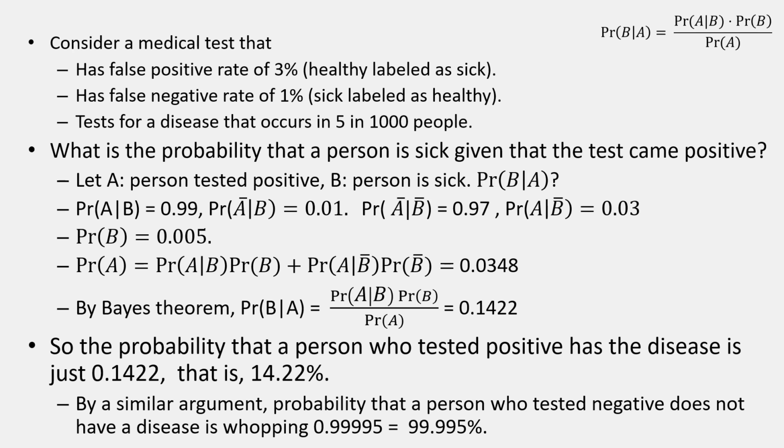And by a similar argument, if the test came up negative, then the probability that they don't have the disease is very, very high. It's like 99.995%. And again, that's because the vast majority of people don't have the disease, and the chance that the person both has the disease and it happens to be a false negative is very low.